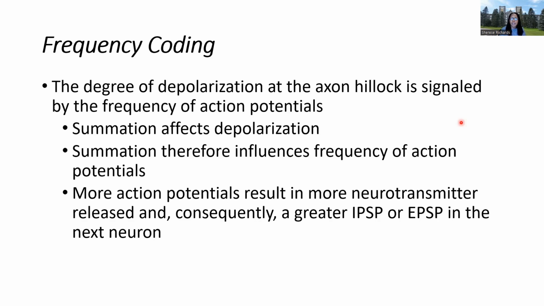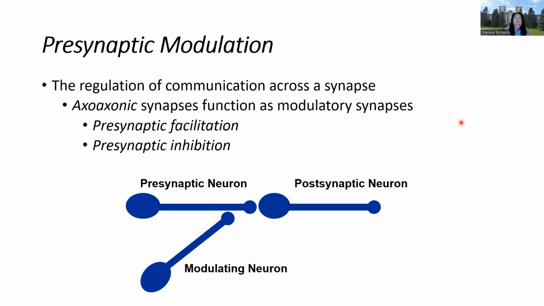So we can have several action potentials resulting in more neurotransmitter, resulting in a bigger EPSP, or we can have a very slow frequency of action potentials resulting in less neurotransmitter, ultimately resulting in a smaller EPSP or smaller IPSP.